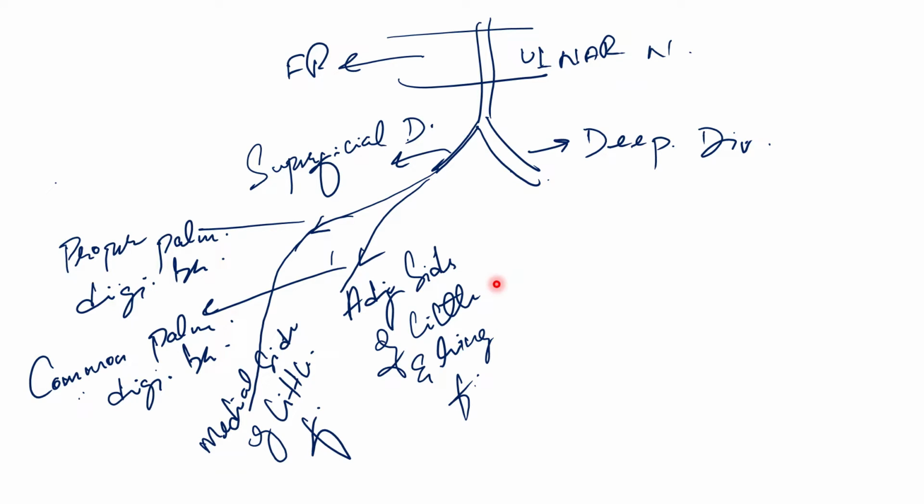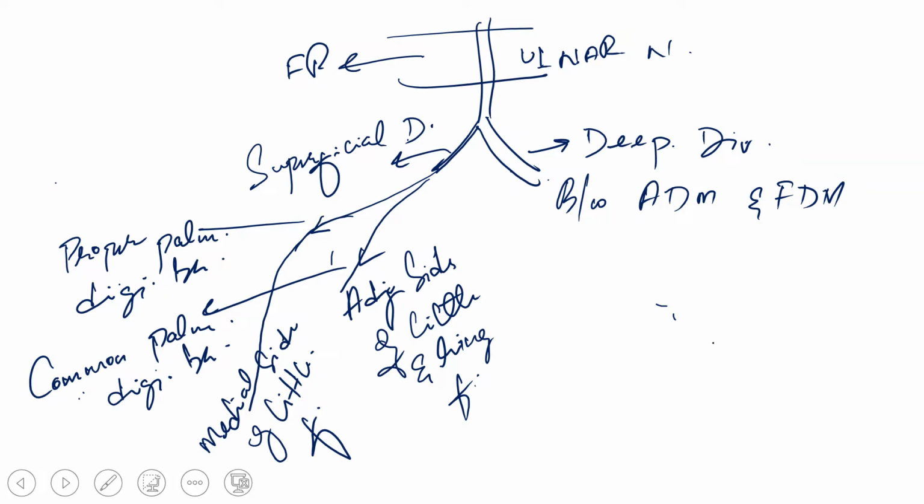So next is the deep division of the ulnar nerve. Once it enters the palm, the deep division runs between the two muscles, the abductor digiti minimi and the flexor digiti minimi.